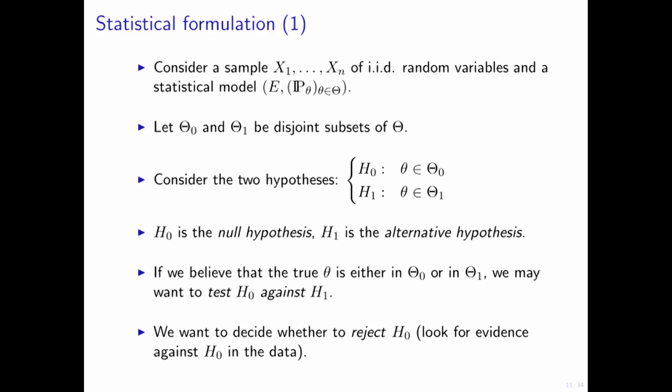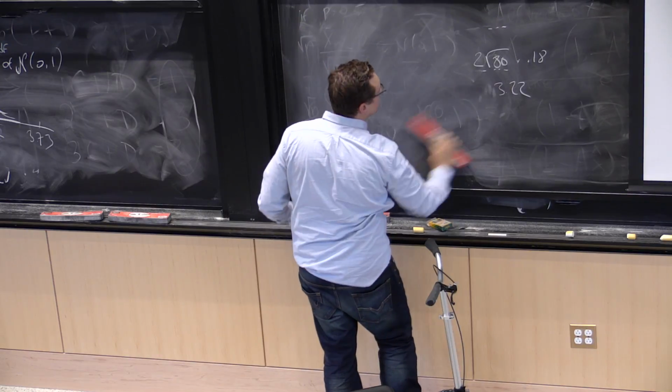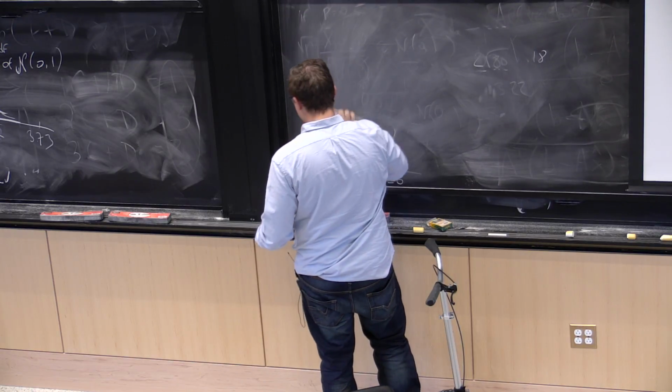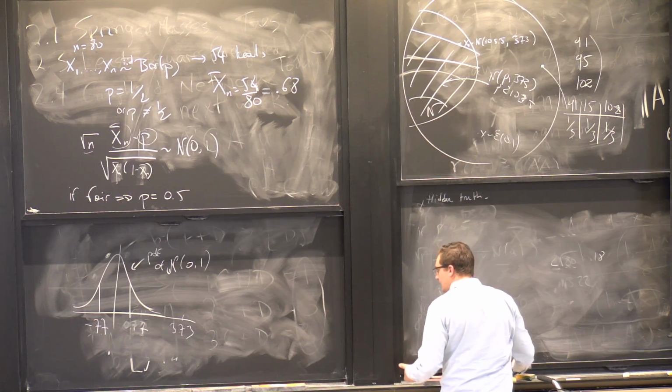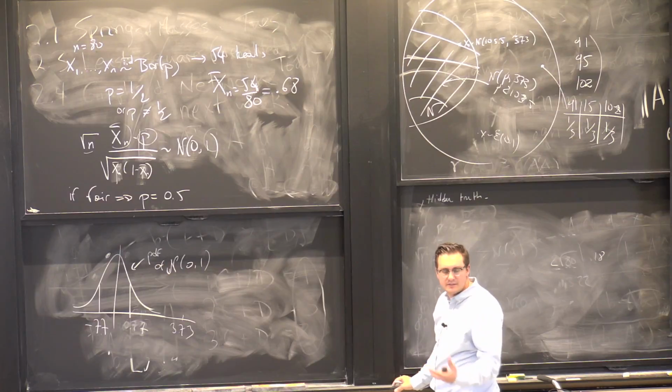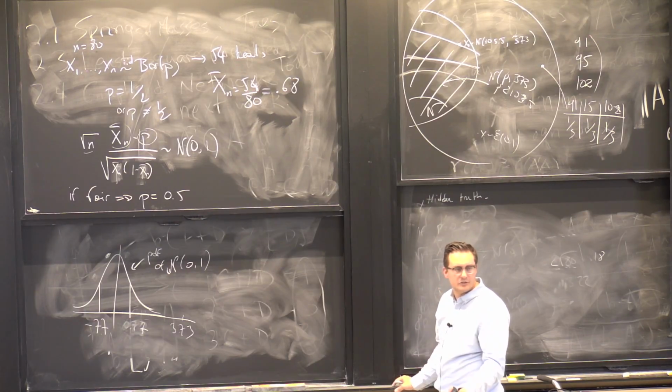So when I start doing mathematics, I'm going to have to talk about random variables and statistical models. And here there's actually a very simple thing, which goes back to this picture: a test is really asking me if my parameter is in some region of the parameter set or another region of the parameter set.